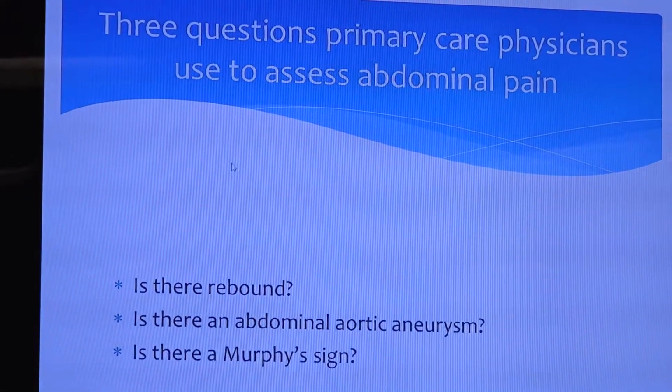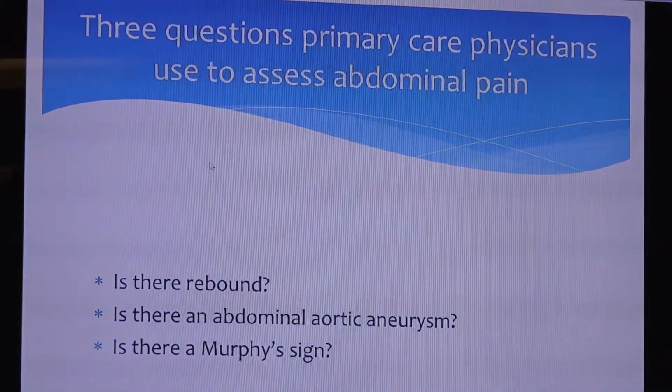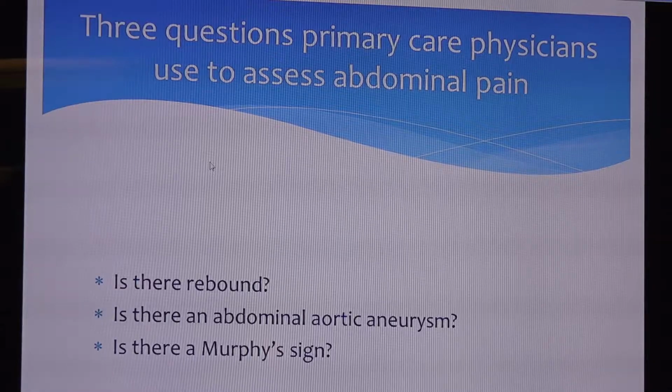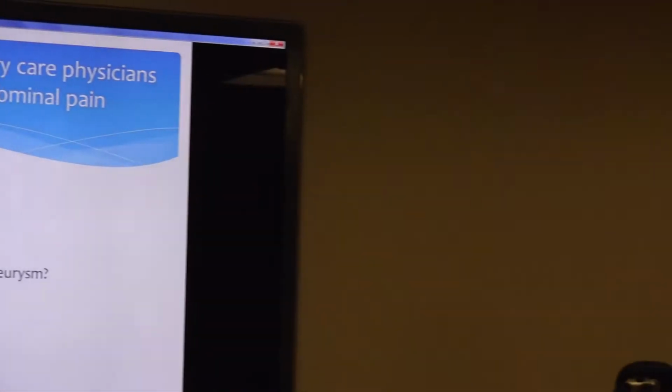Abdominal pain, once again, the same kinds of things. Is there rebound? Is there an abdominal aortic aneurysm? How would you know that? That's a rare disaster that when you miss it, it's a catastrophe. If the pain has a tearing quality, that's one of the things that people tell you.